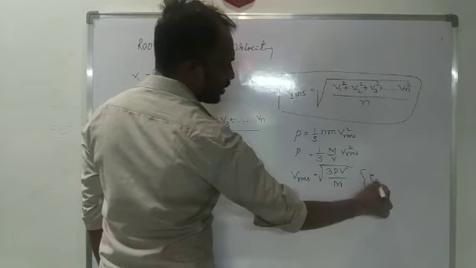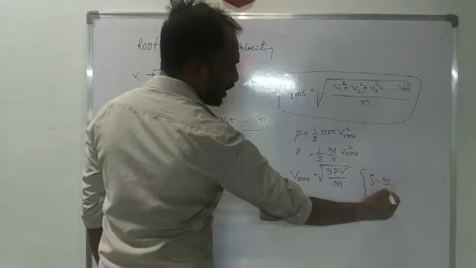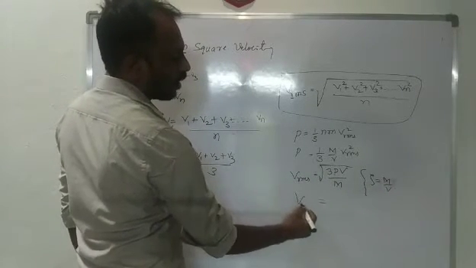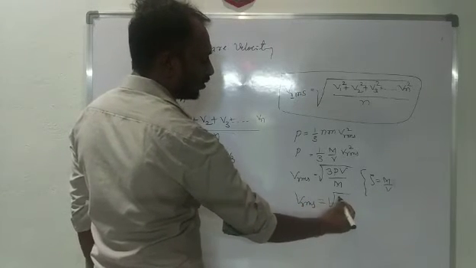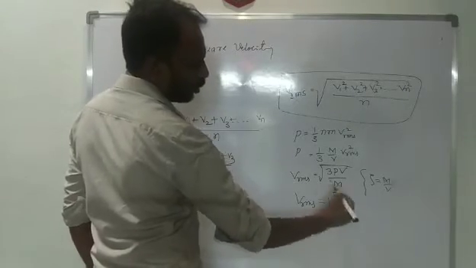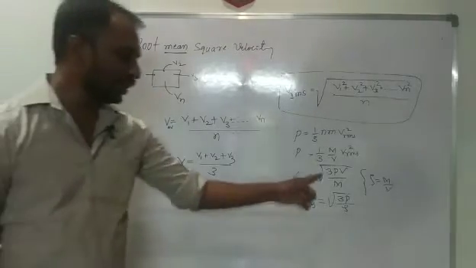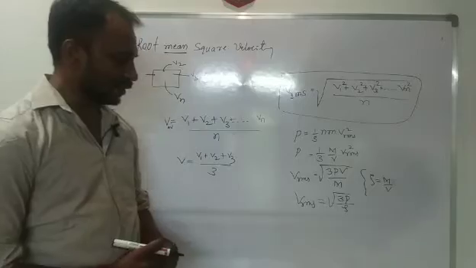Density is equal to mass by volume, so RMS velocity is equal to the whole root of 3P divided by rho. Here rho is density, P is pressure, and V_rms means RMS velocity.